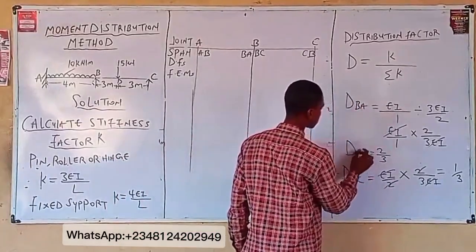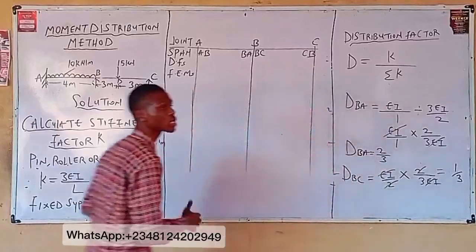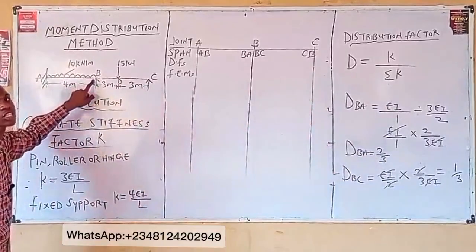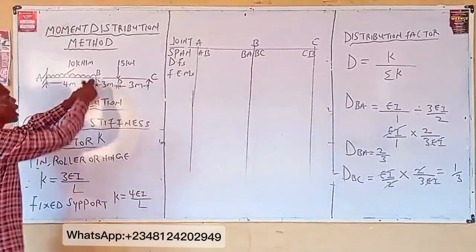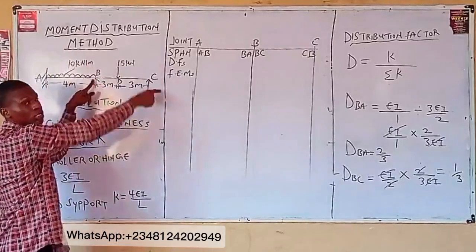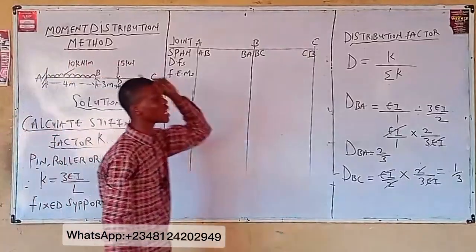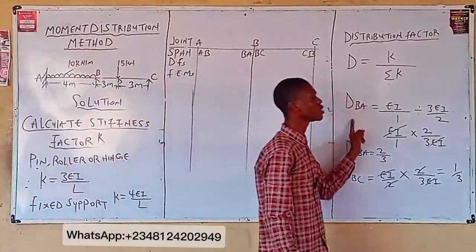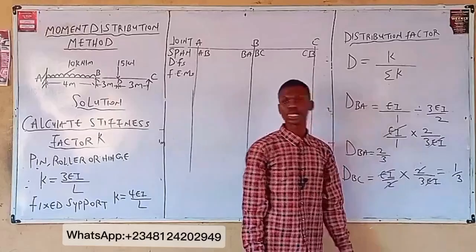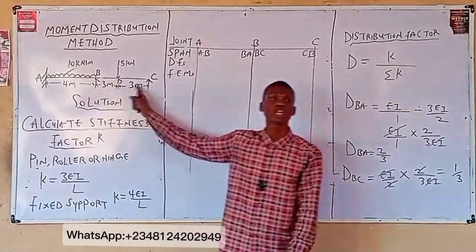I'll answer that. It is so because when you are in this beam, at point B, how do you calculate your stiffness factor? From B back to A, right? Then from B back to C. So if you are representing your distribution factor, it is your distribution factor from B with respect to A. Similarly, from B with respect to C.